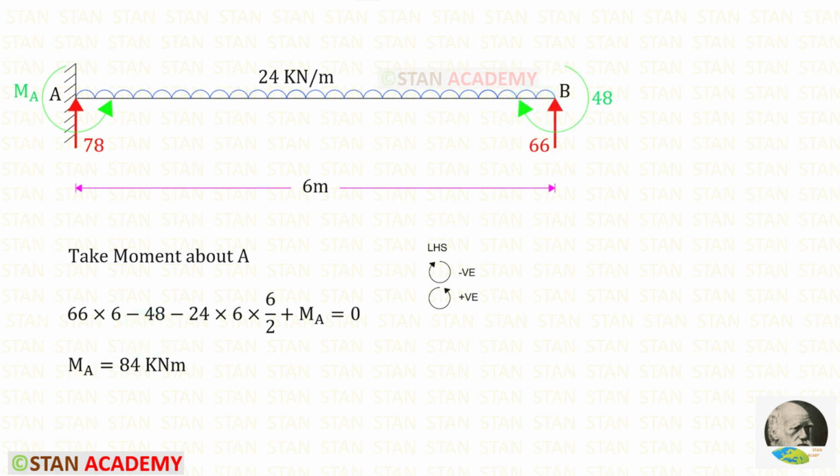The uniformly distributed load is acting in the clockwise direction, so that it will be negative. We know that with the UDL we have to multiply the distance and then the distance by 2. Let us assume that MA is acting in the anti-clockwise direction, so that it will be positive. Finally, for MA, we will get a positive value. That means our assumption is correct.